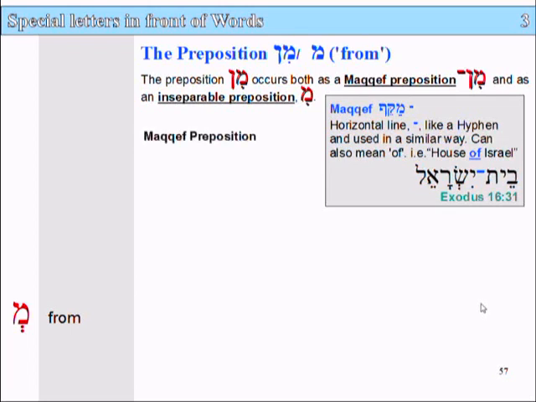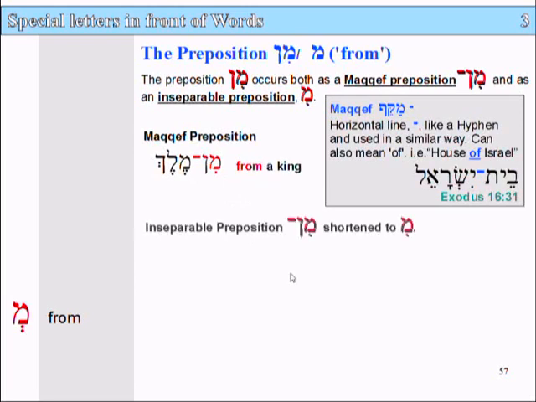Firstly, the preposition min, meaning from. Min Malak. Malak meaning a king, and min Malak meaning from a king. Now we can say the same thing in a shortened version using the inseparable preposition, just a fancy way of saying the preposition is joined to the actual word.